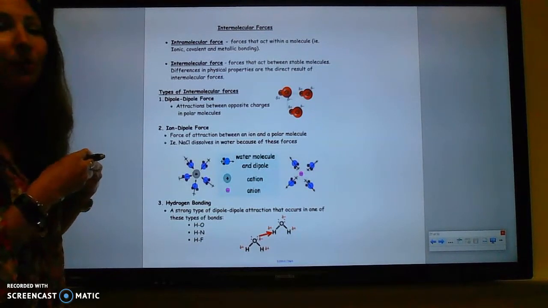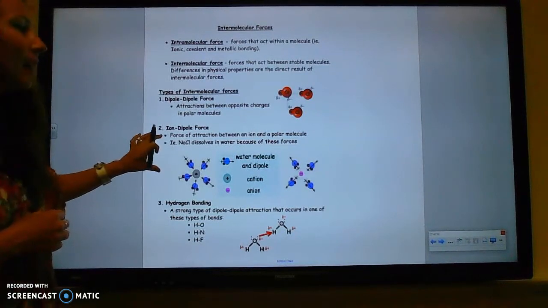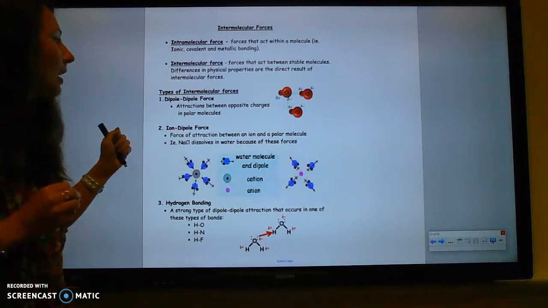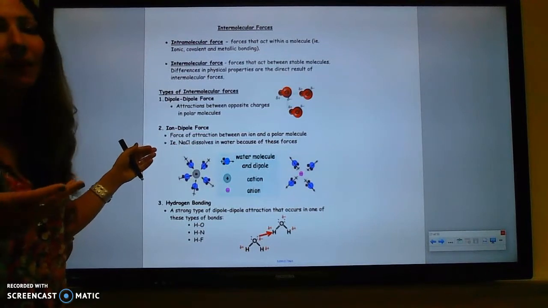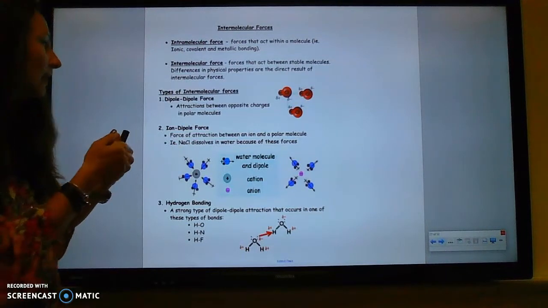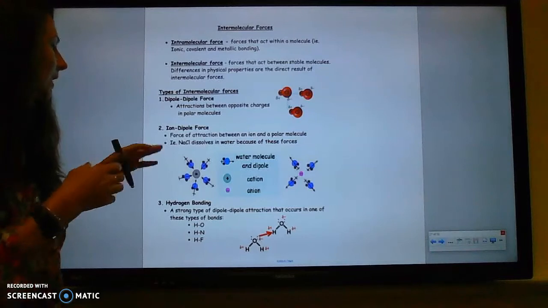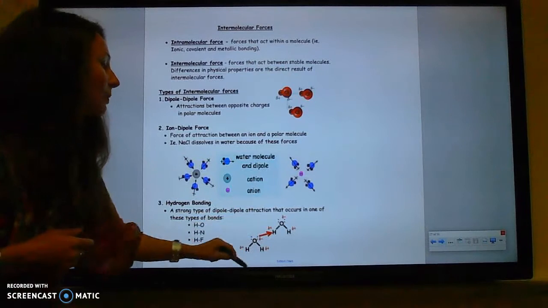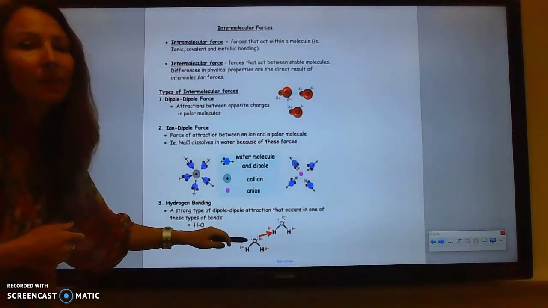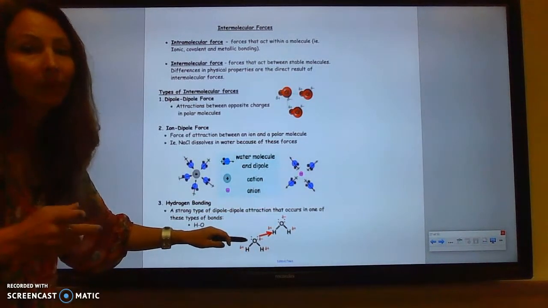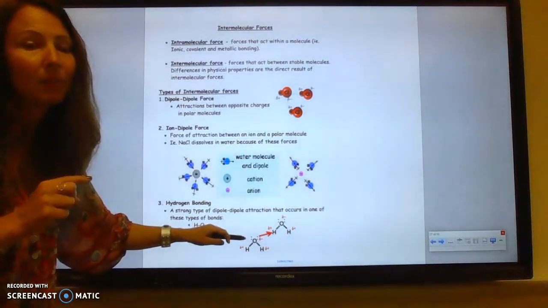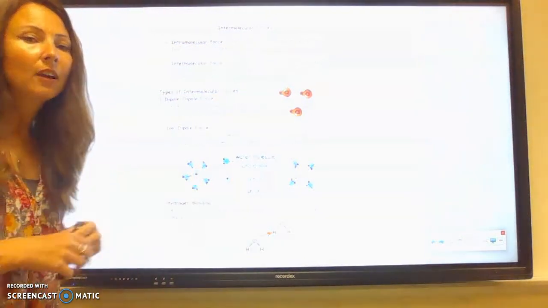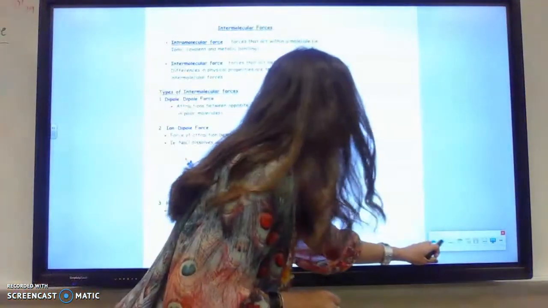Then there's the dispersion force, which can also happen with something that is not polar. And then we have hydrogen bonding, which occurs most commonly with water, where one end that is highly negative in polarity attracts to the hydrogen specifically of another polar molecule.